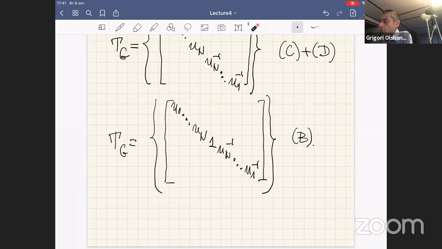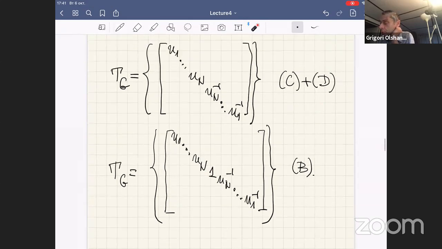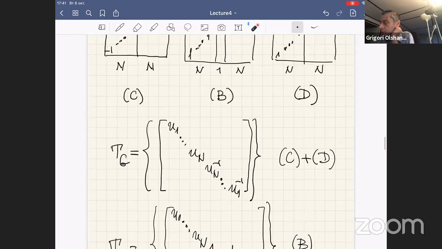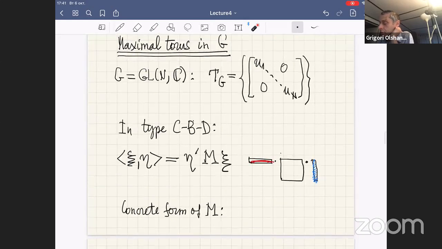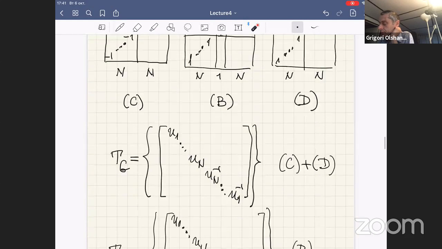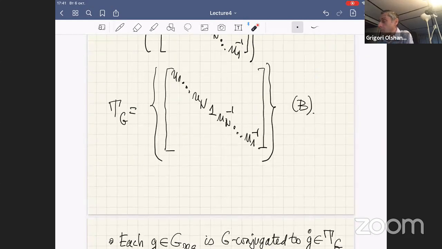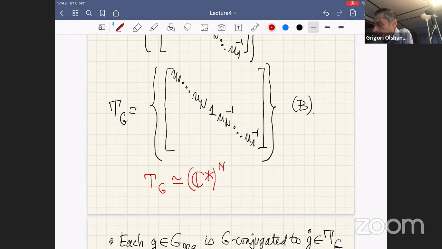In this way, we obtain the maximal torus, which is a subgroup isomorphic to the product of n copies of the complex torus.